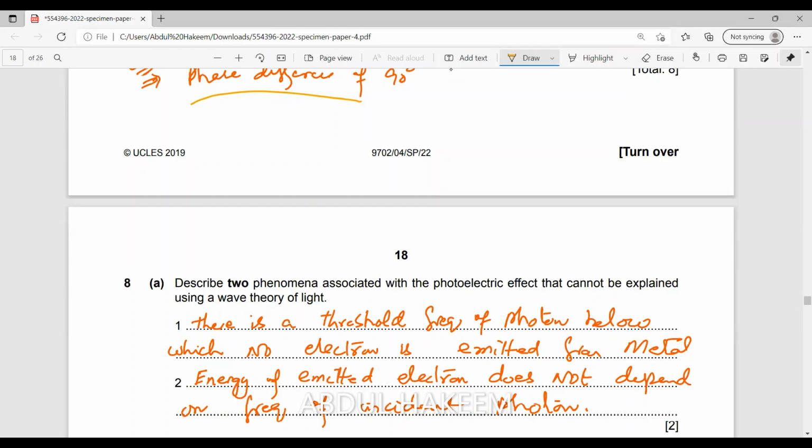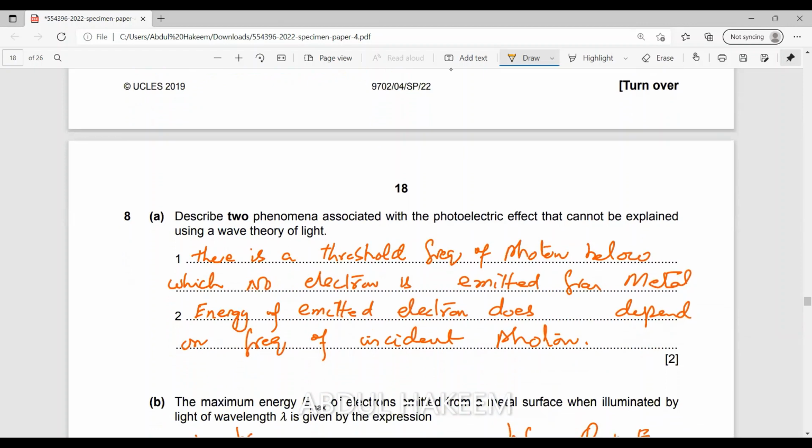And the second, the energy of the emitted electron depends on the frequency of the incident photon. So these are the two evidences for the particulate nature. So they are not explaining the wave nature.